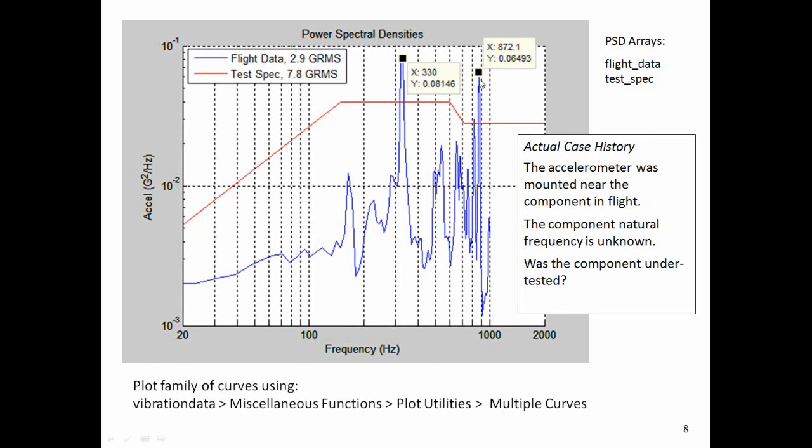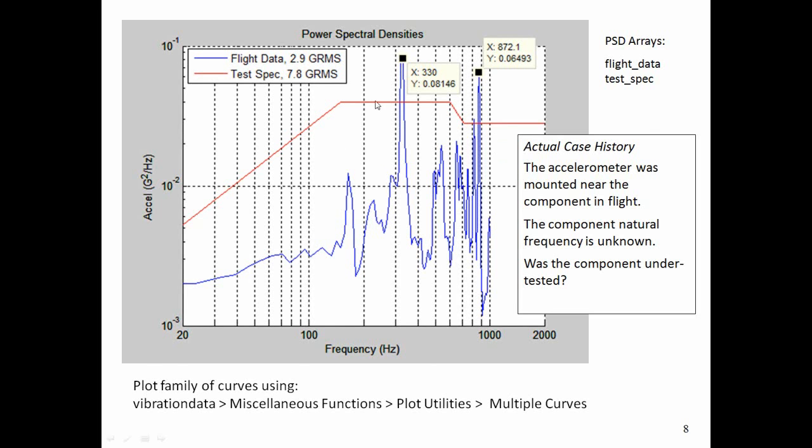Or if our component natural frequency was 872 hertz, it would seem that our component was under-tested. So let's assume that now this was an unmanned suborbital flight, but the avionics were not recovered. But there's going to be a series of these launch vehicles and a series of the same model numbers but different serial numbers of the avionics box.